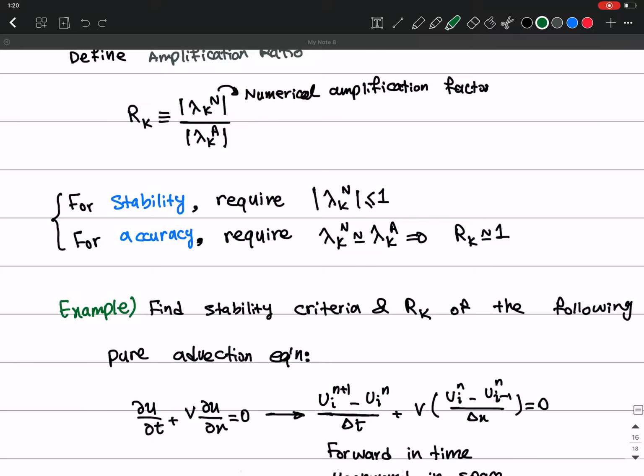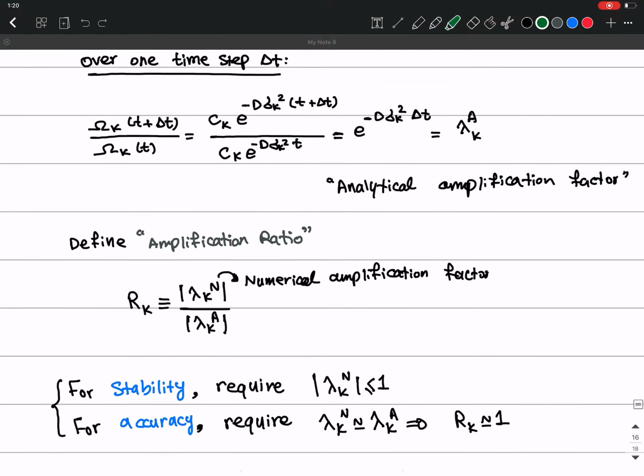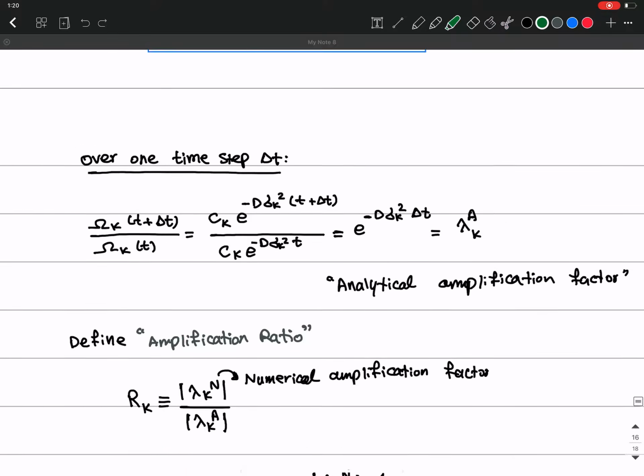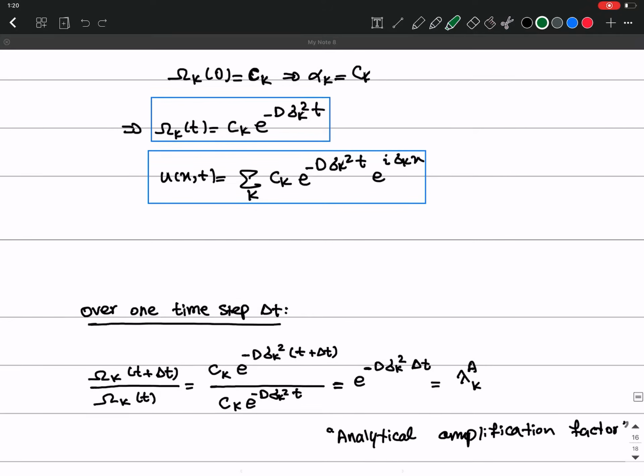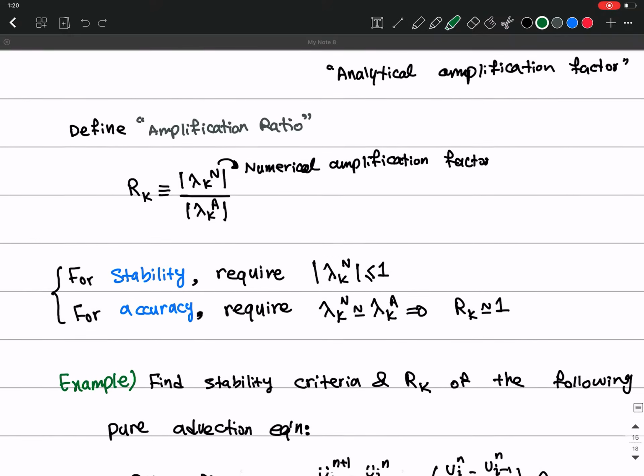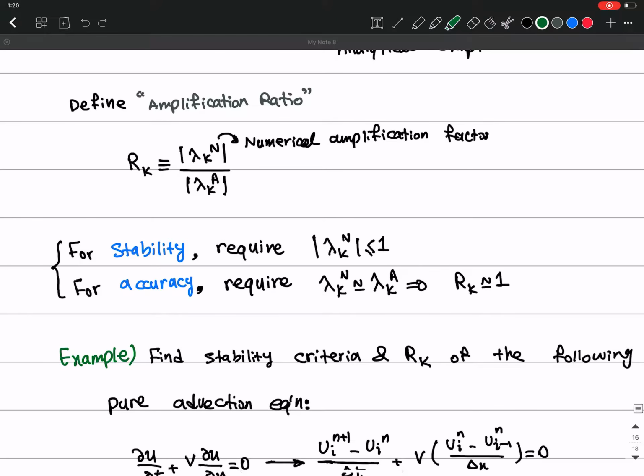So for stability, we require that the numerical amplification factor lambda_k, which is the ratio of the Fourier representation at time n plus 1, the new time step, over the old time step n, should be smaller or equal to 1. Otherwise, if it is greater than 1, our solution is going to become higher and higher.